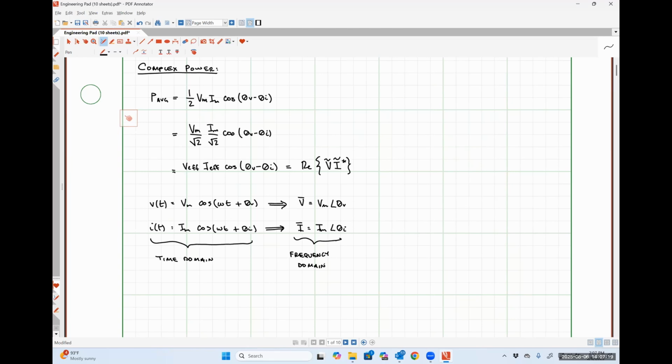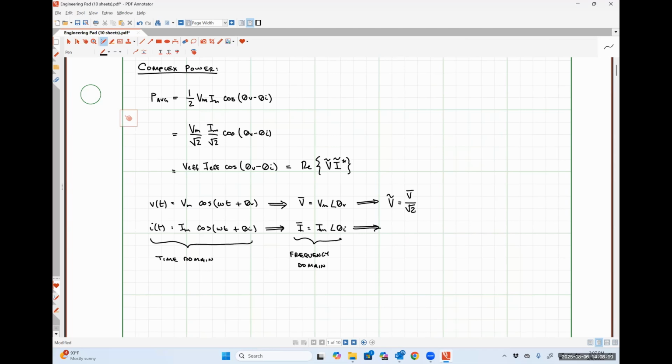Well, what we're going to do is go one step further and convert these frequency domain signals into RMS phasor domain signals. So our RMS phasor domain voltage is literally just our phasor voltage divided by the square root of 2, because we know that the RMS value, or the effective value of a sinusoidal signal, is just the magnitude of that guy divided by the square root of 2.